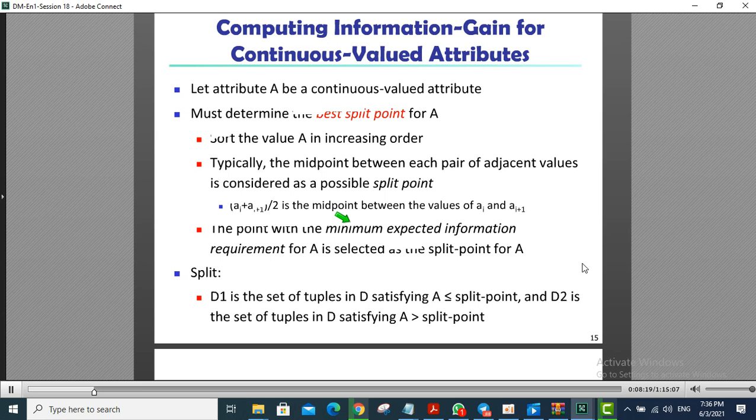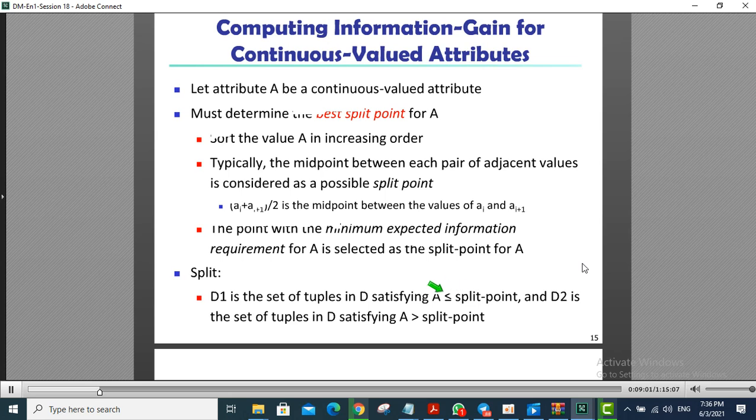So we should define what the minimum expected information requirement is. But before that, I should note that when I choose a splitting point, I am trying to split my tuples into different sets, for example, subsets D1 and D2.